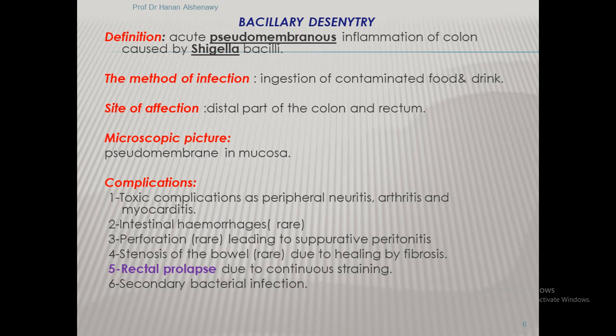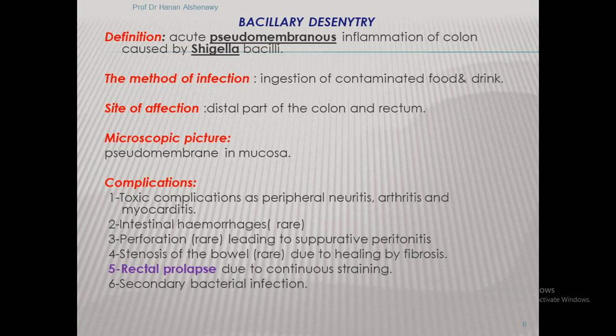What are the complications of bacillary dysentery? Toxic complications in all sites of the body: peripheral neuritis, arthritis, myocarditis. Intestinal hemorrhage is rare because the ulcers are usually superficial. Perforation is also rare because the ulcer is superficial.